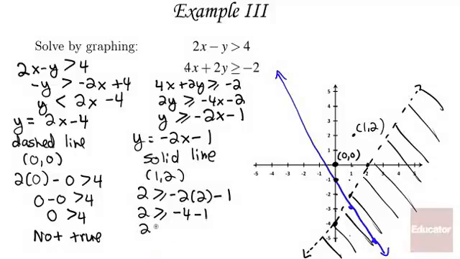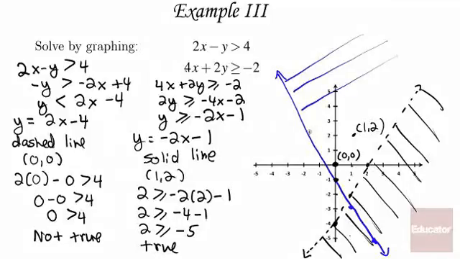So 2 is greater than or equal to negative 5. And that is true. So my test point is in the half plane containing the solution set. So I'm going to shade this upper half plane.